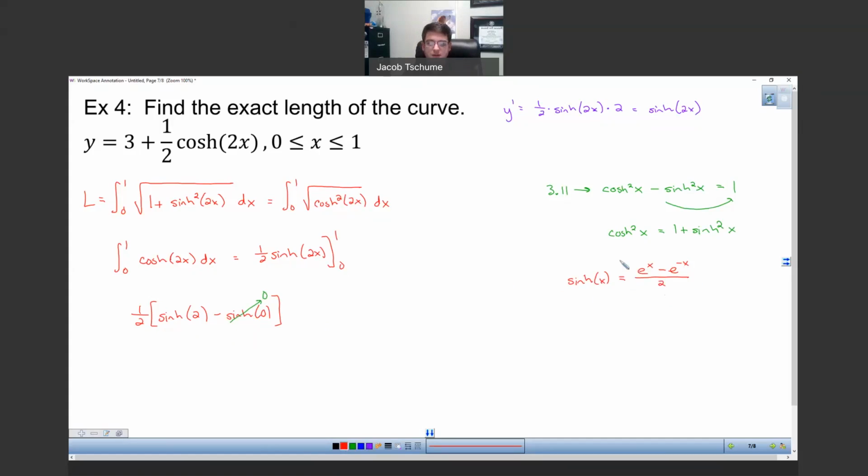And if you were to plug 0 into both of these x's here, you would end up getting 1 minus 1 over 2, which is 0. So that allows you to get rid of that term, and we can say that the final answer is 1/2 the hyperbolic sine of positive 2. So once again, trig comes out really nice, but you will need to know your identities in order for these to work.